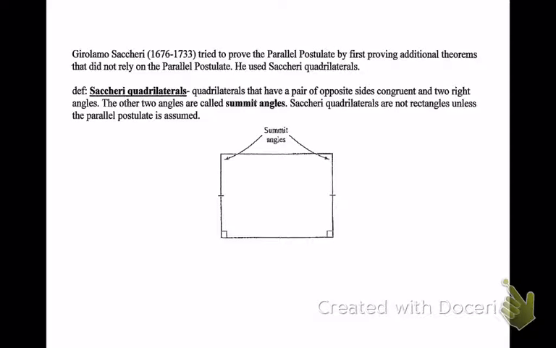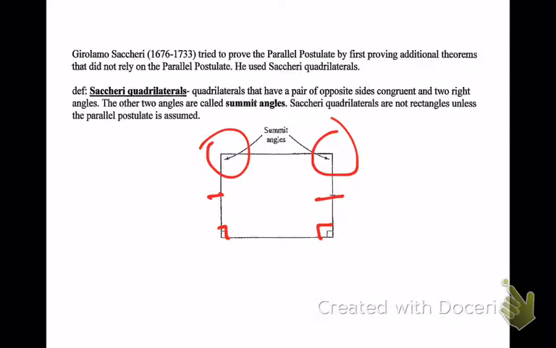He used Saccheri quadrilaterals. A Saccheri quadrilateral is a quadrilateral having a pair of opposite sides congruent. So in this picture, here's our pair of opposite sides congruent, and 2 right angles. The other 2 angles are called summit angles.